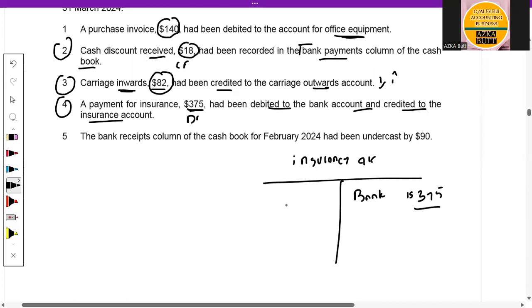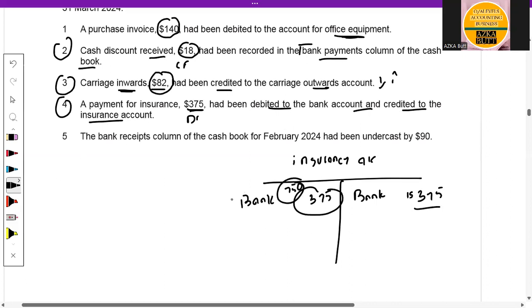If we now make a similar entry on the debit side, debiting the insurance account with 375, it will cancel out each other. That's why we need to write the double amount here, 375 plus 375, so this is 750.